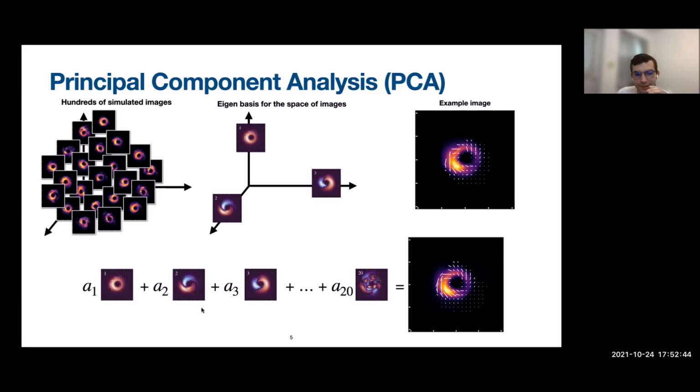By combining the components, we can approximate a wide range of EVPA maps that we observe here. The idea is to use the minimum number of components possible in order to accurately predict these types of images.